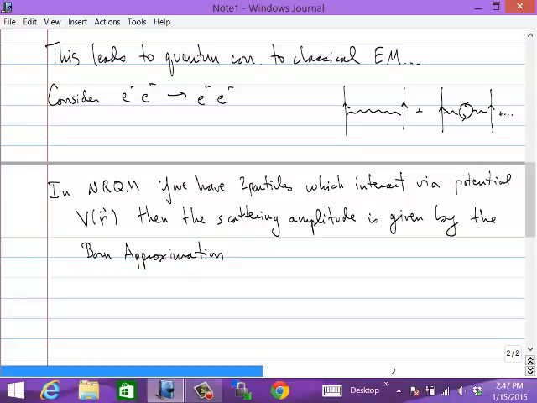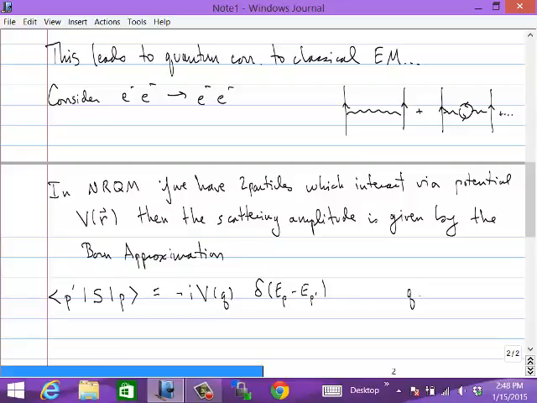which says that if you have two particles that scatter off of one another, so this is the equation for scattering off of a potential, then the leading contribution coming from this interaction is just given by the Fourier transform of the potential V of r. You need to insert here a momentum-conserving delta function, or an energy-conserving delta function.